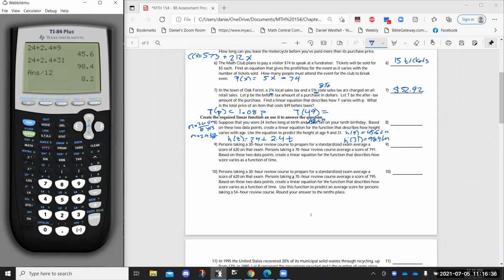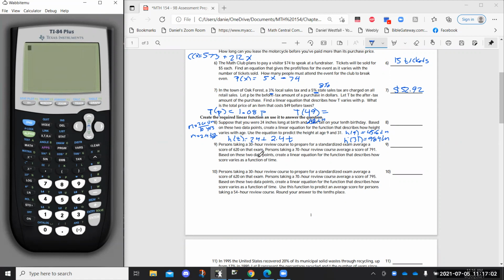We usually stop growing somewhere around age 18 to 20 something, you know. But if we did continue that pattern and if it was linear, that person would be over 8 feet tall when they hit age 31.